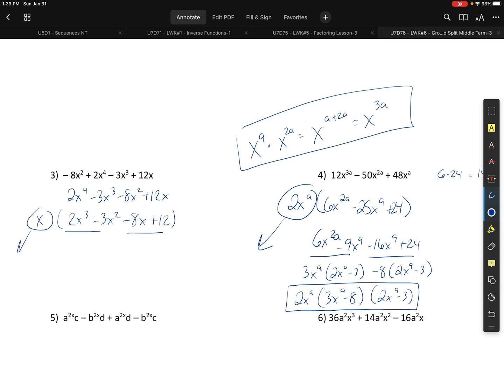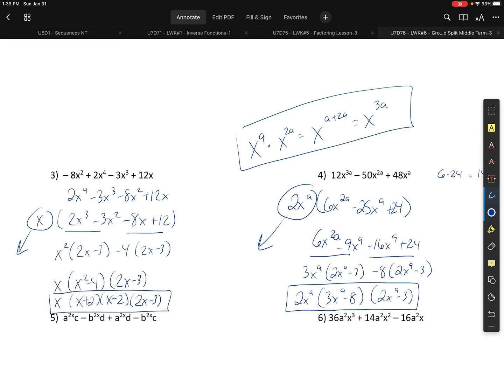Group. Off to the side. x squared, 2x minus 3, minus 4, 2x minus 3. x squared minus 4, 2x minus 3, x plus 2, x minus 2, 2x minus 3.